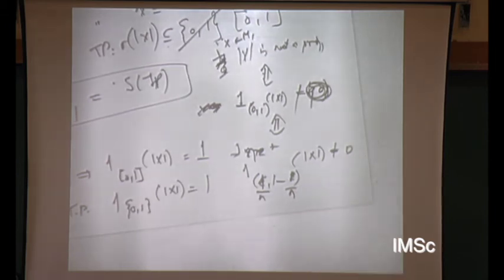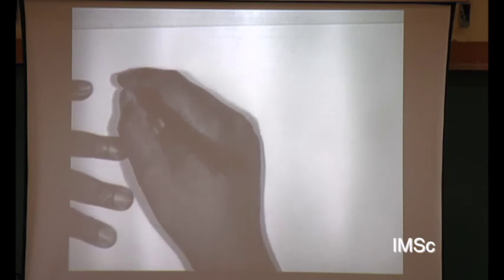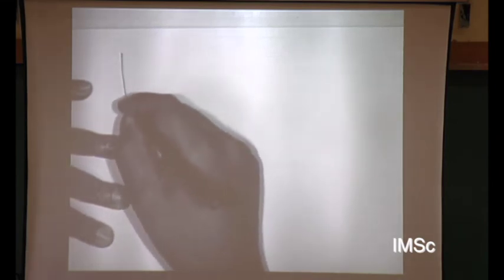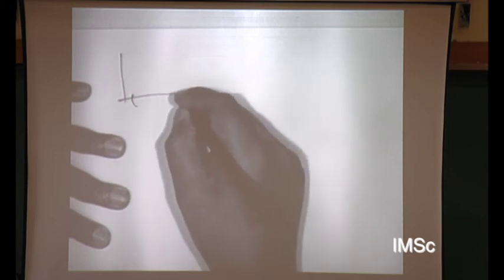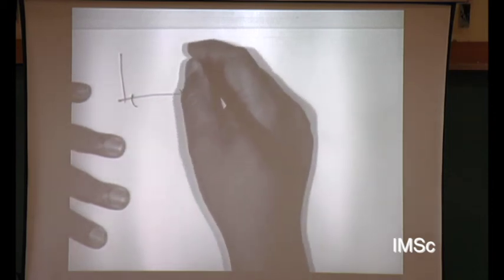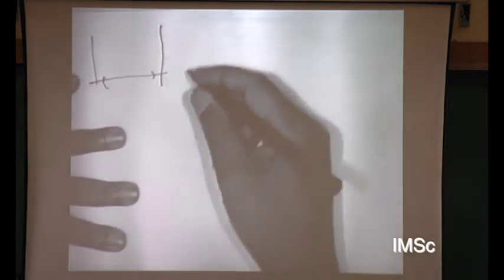But you must learn to respect this as functional calculus. What does it say? See, from 1 by n to 1 minus 1 by n. See, what is mod X?